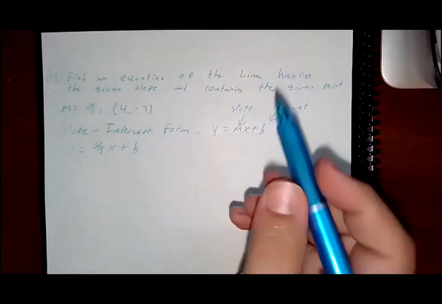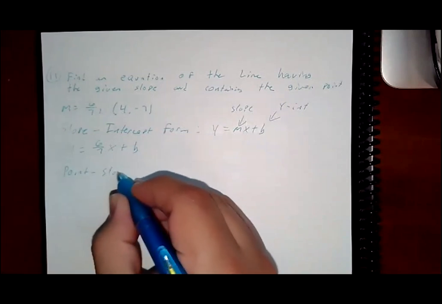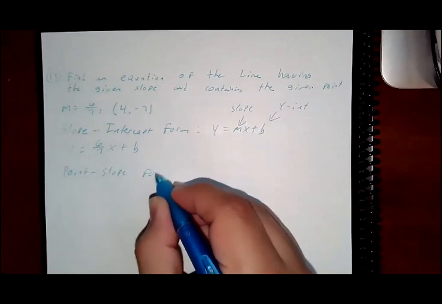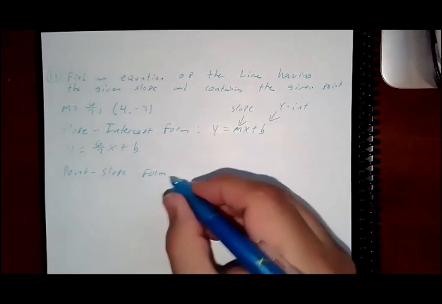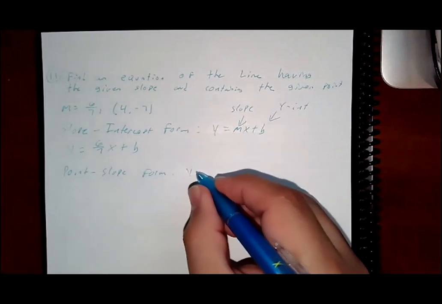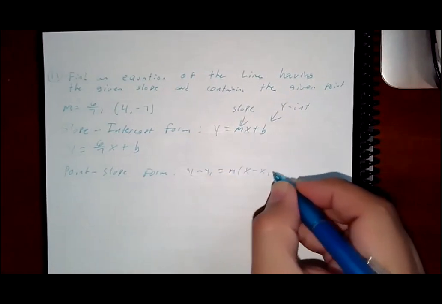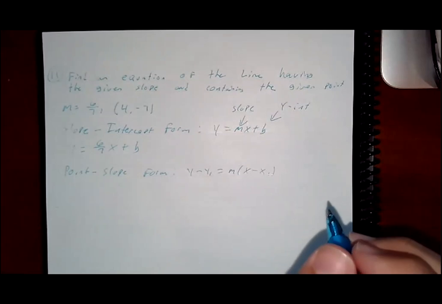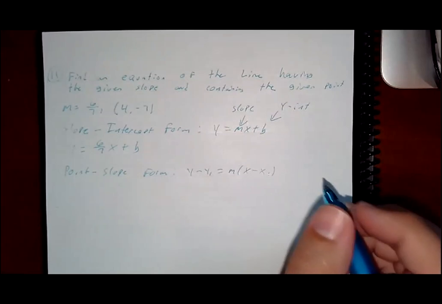We can also use the other formula, the point slope one, whatever you prefer. This one is better when you're given a point and the slope. It doesn't really matter. It's going to be y minus y1 equal to m times x minus x1. So you just go ahead and plug in everything.